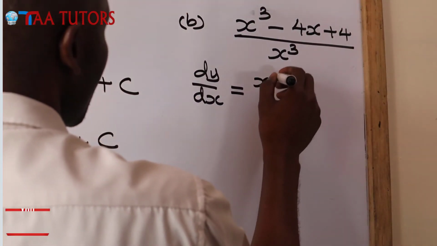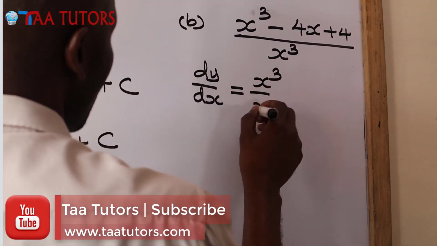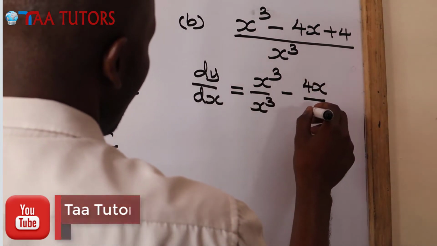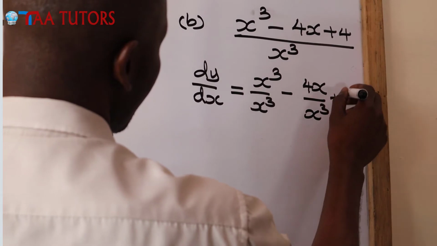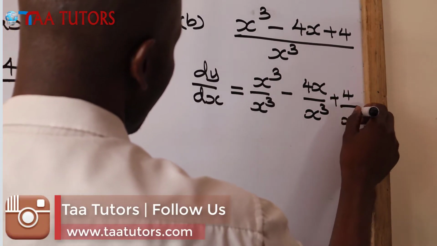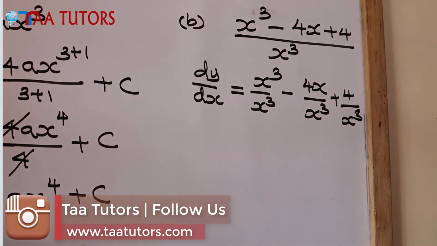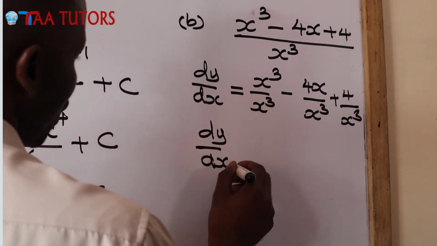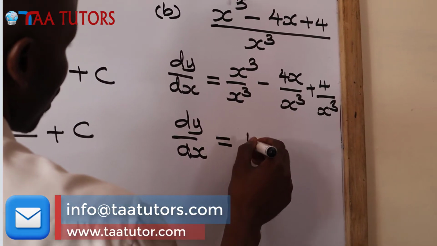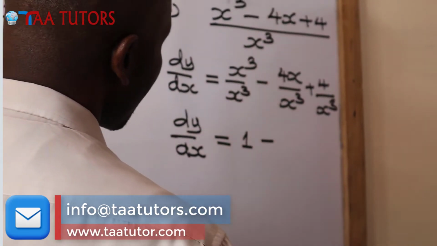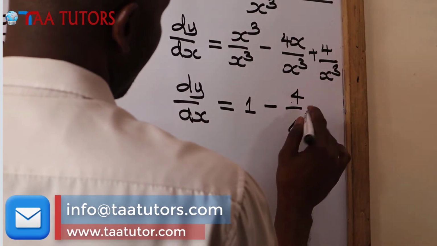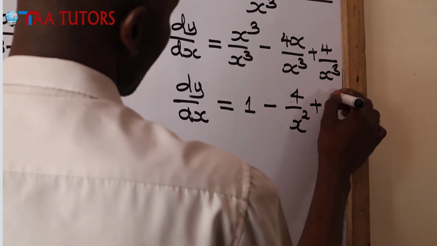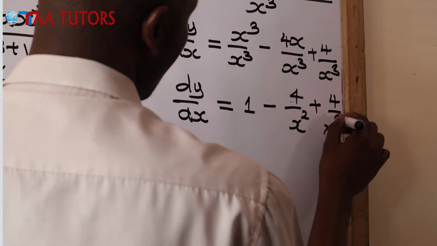So I'm going to say this is x cubed divided by x cubed minus 4x divided by x cubed plus 4 divided by x cubed. That is fairly easy. Then if I go further and divide to simplify, this will be 1 minus 4 over x squared plus 4 over x cubed.